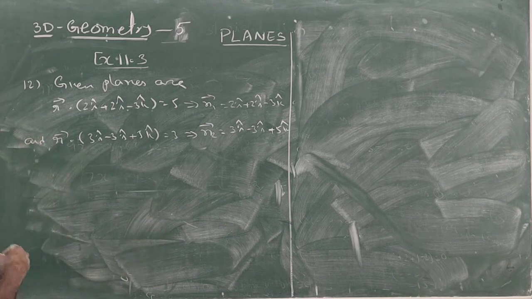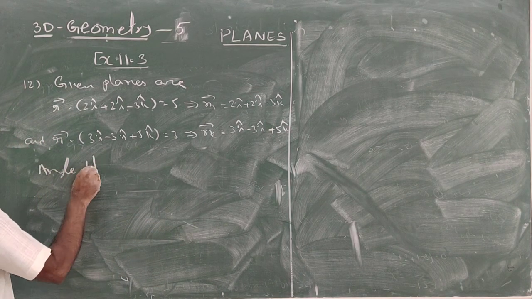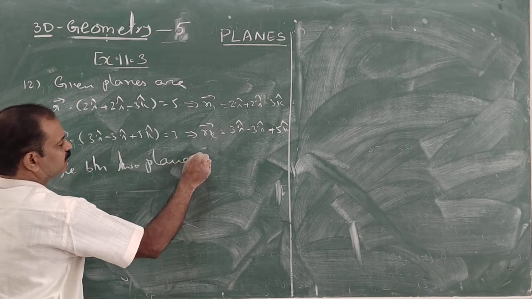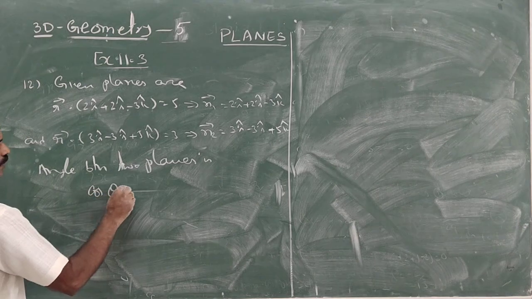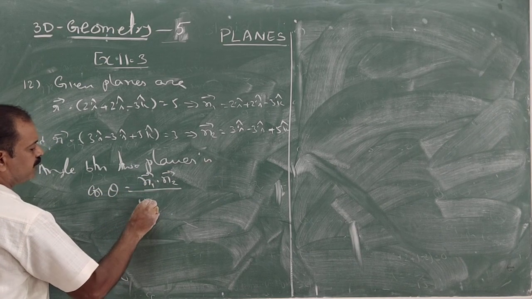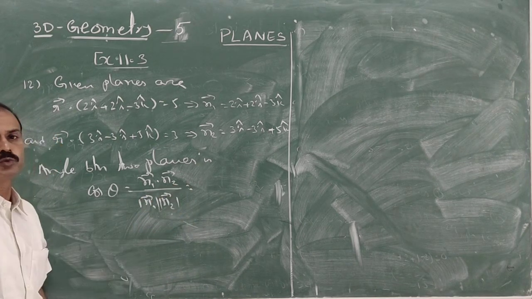Now you have to find the angle between the two planes. The angle between two planes is given by cos theta equals n1 dot n2 divided by magnitude of n1 times magnitude of n2.